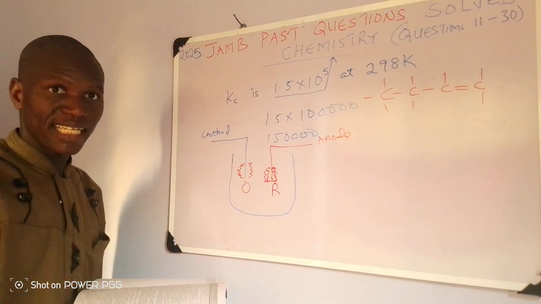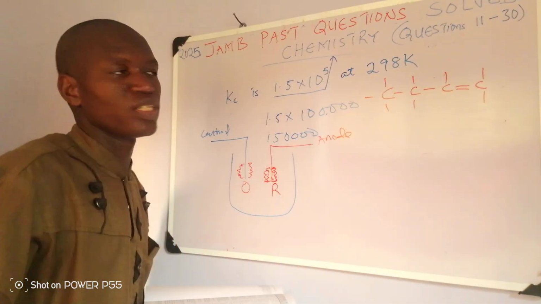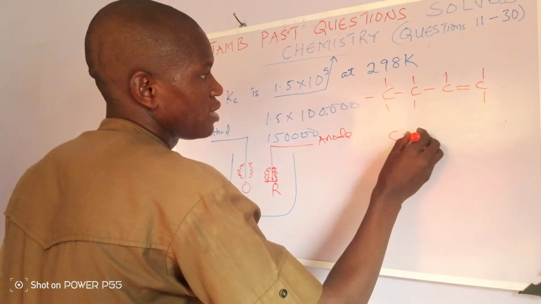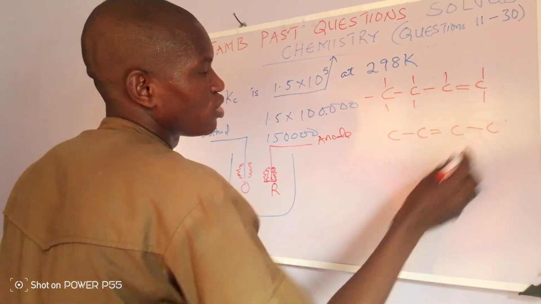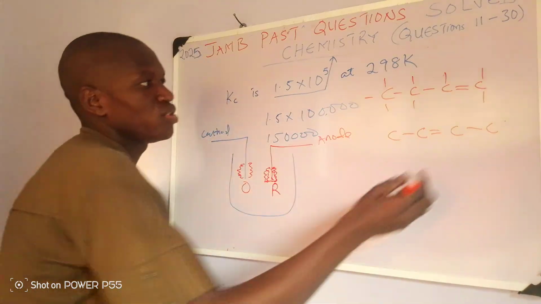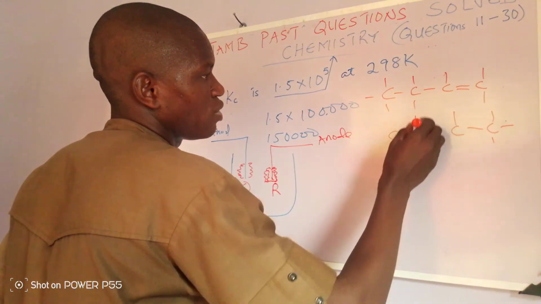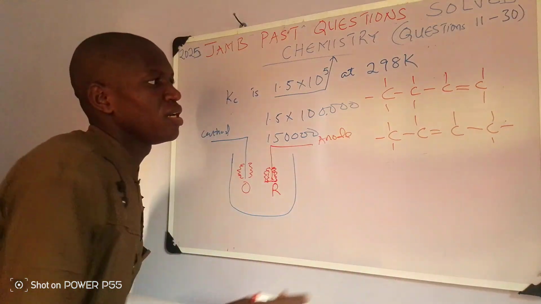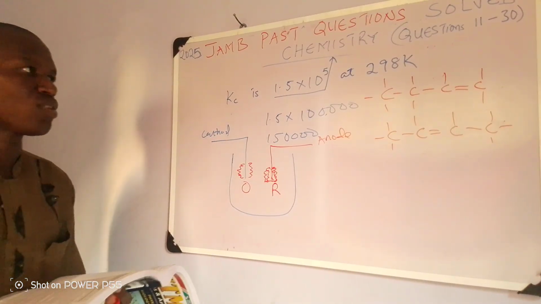So what's the isomer of this? The only possible way we can rewrite this compound is to just shift the double bond like this. So this will carry 3 hydrogens, this will carry 1 only, this will carry 1 only, this will carry 3, which is 2-butene, is correct.